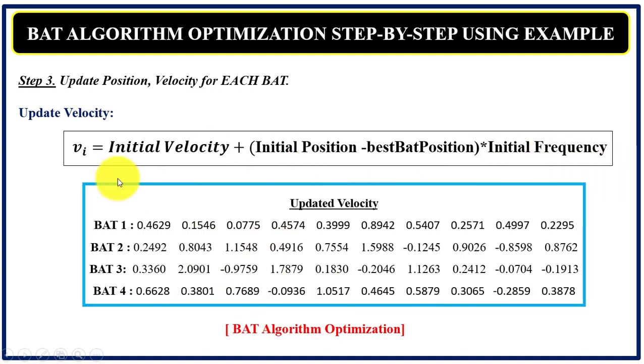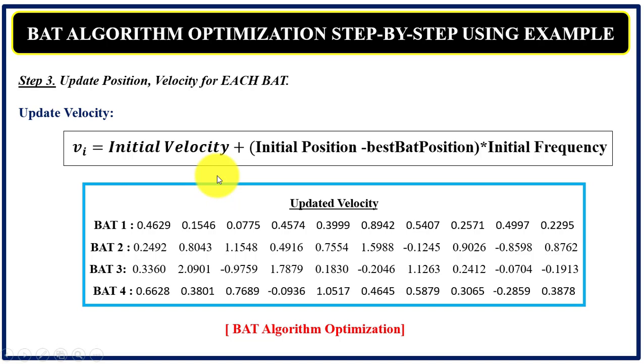So when you apply this, you can see the initial velocity for each bat that we computed and the initial position for the first bat. We will do this for the first bat, and here best bat is the first bat, and the initial frequency for the first bat we will use. That we already computed values in the previous slides.